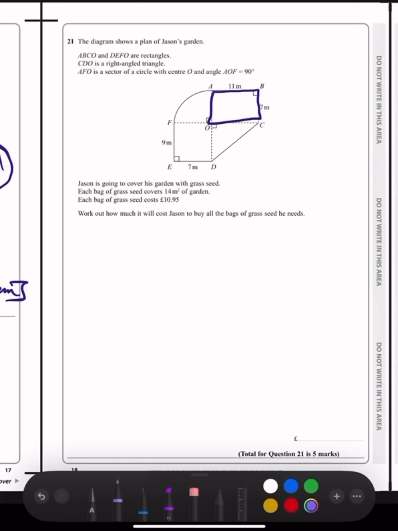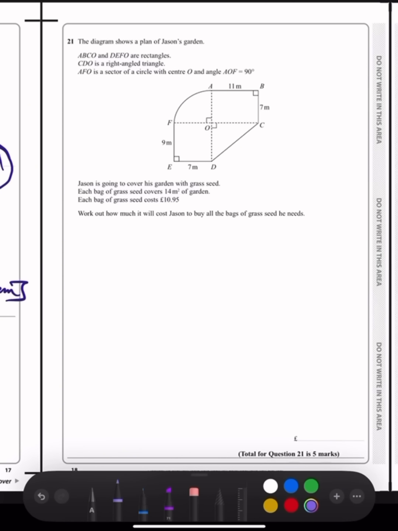C, D, O is a right angle triangle, and AFO is a circle sector with the center O and angle AOF is equals to 90 degrees. So here we don't need to really show, as we can clearly see the different shapes. So that's clear with us.